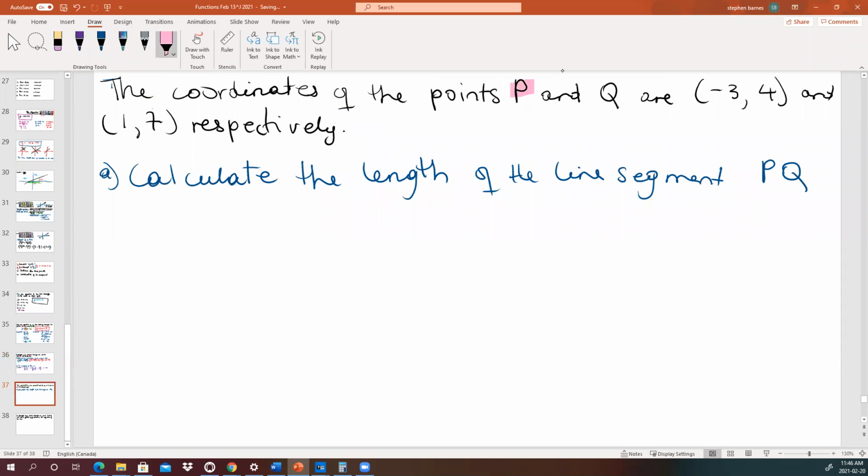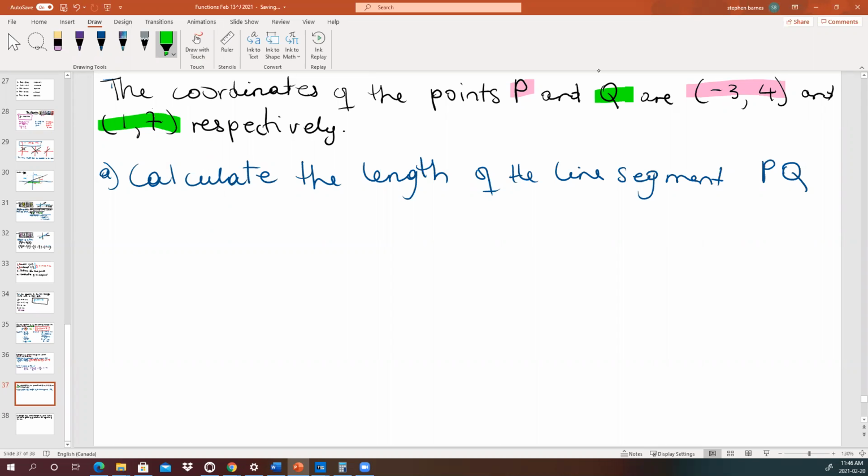They gave P first, so the first set of coordinates is for P. And then they gave Q second, so the second set of coordinates is for Q. Do you understand? That's what they mean by respectively, right? So P and Q are that and that respectively.